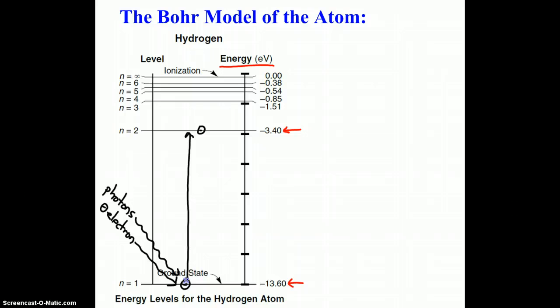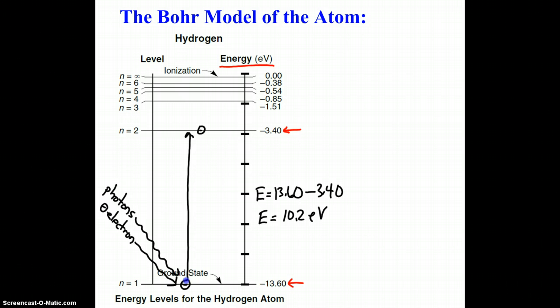Well, it's just stated that energy has to be exactly equal to the energy level difference between the ground state and n equals 2. So that value is very simple to figure out. You take 13.60 and you subtract the 3.40 that it has in n equals 2, and I believe that would be 10.2 electron volts of energy.